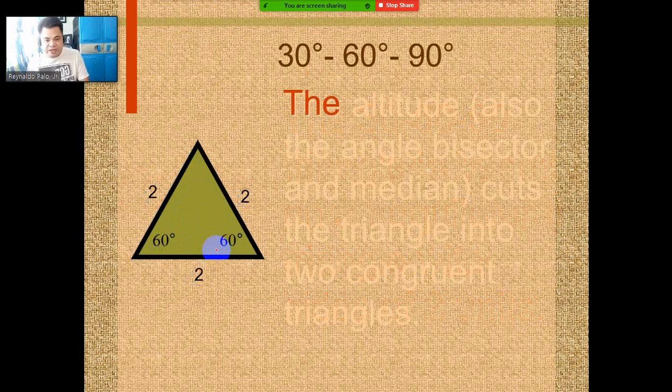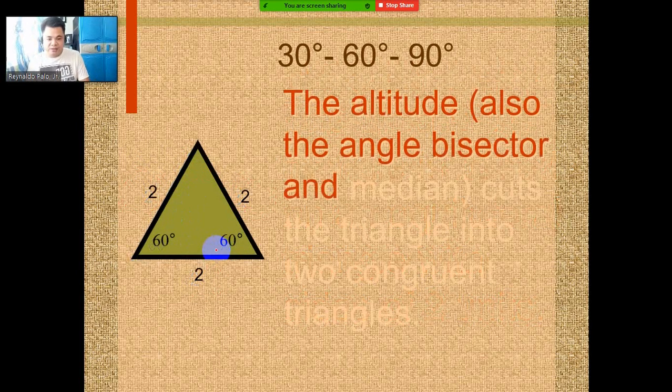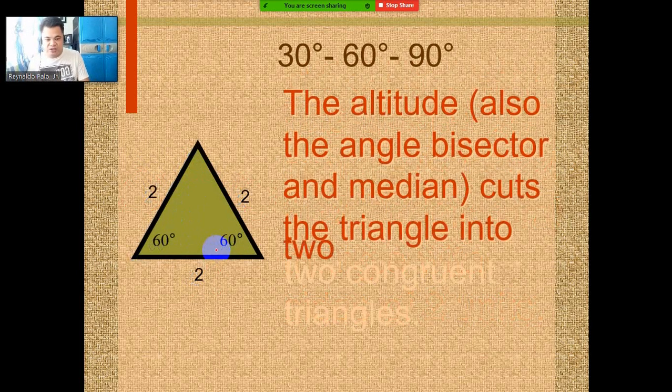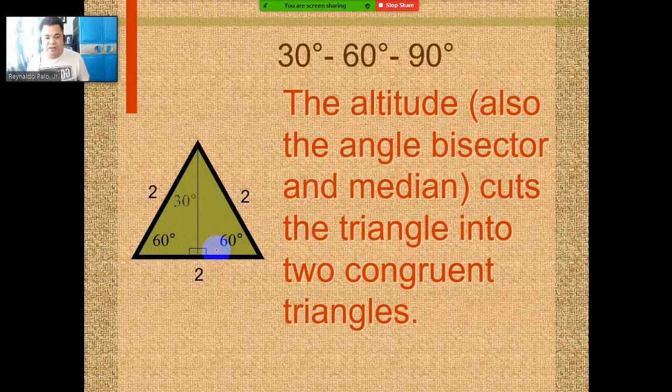So the altitude, or the height, also the angle bisector and median, cuts the triangle into two congruent triangles. That's how we are able to form the 30-60-90 triangle. Of course, the base is cut into two as well.